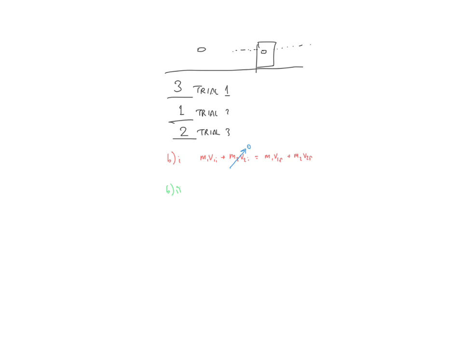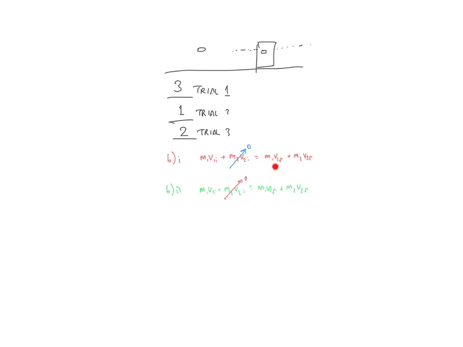So it turns out to be the exact same equation as above, M1 V1 initial plus M2 V2 initial equals M1 V1 final plus M2 V2 final, where once again the initial momentum of the block is 0 since it was stationary. You're still trying to solve for the same thing, the V2F, which is the final speed of the block. In fact, everything in here is exactly the same as the last question.